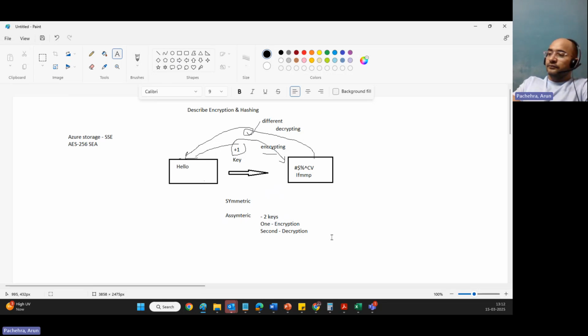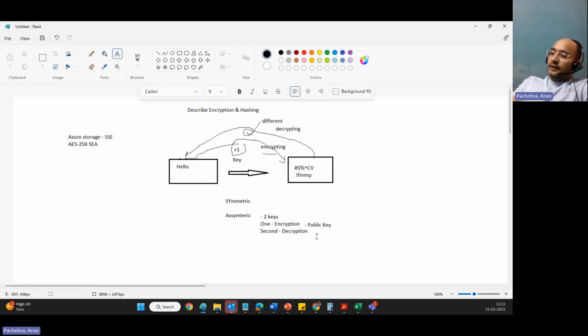Now, the concept of these two keys is clear, and that's why we call it asymmetric. Let's go further. The one which is used to encrypt the data, we usually call a public key, and anyone can access it.